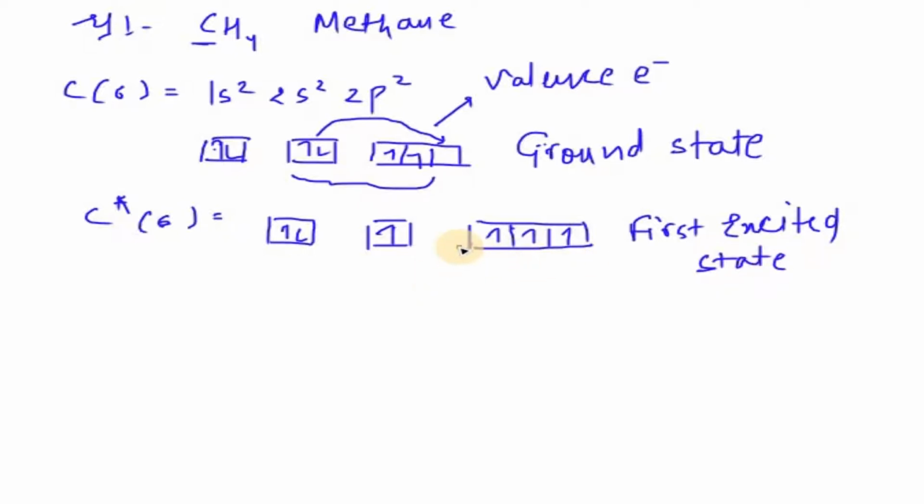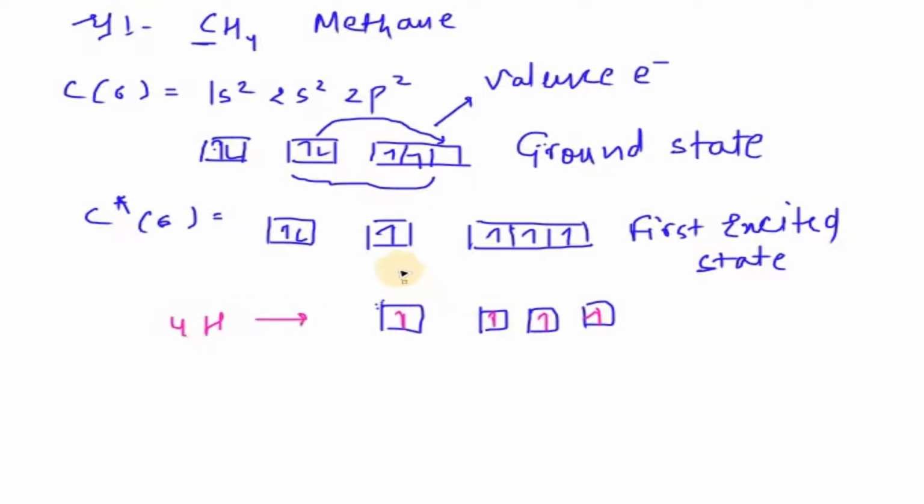Now we have 4 different hydrogen atoms. Here one hydrogen atom orbital is there, and here also we have hydrogens, each with 1s and an unpaired electron. So we have these 4 hydrogens.